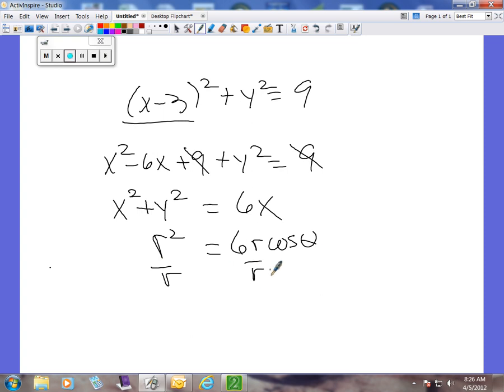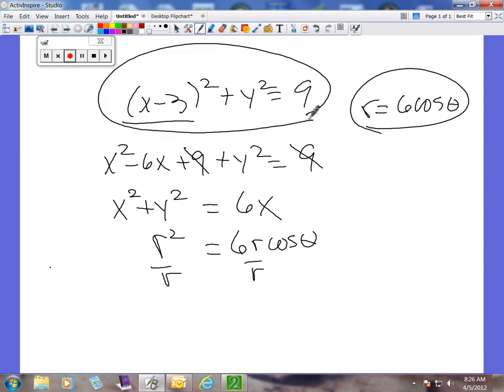And then your final answer would be r equals 6 cosine theta. So this rectangular equation is this equation in polar form. Pretty straightforward. Is everybody okay?